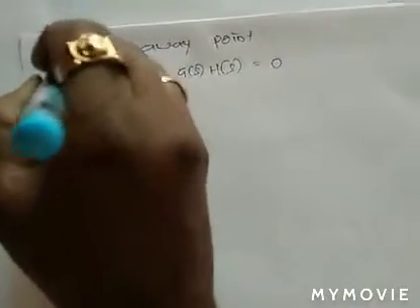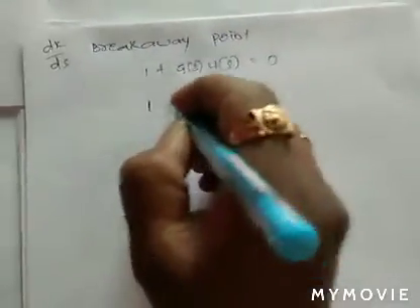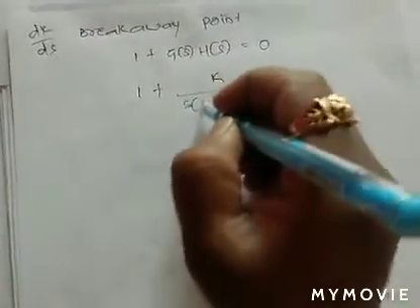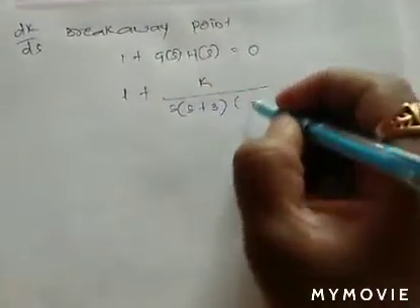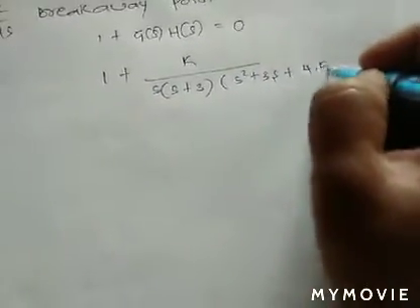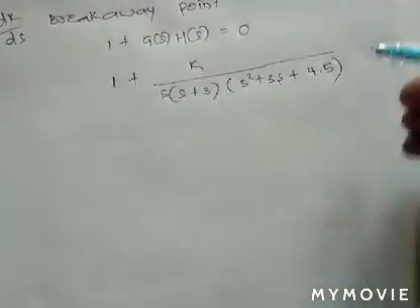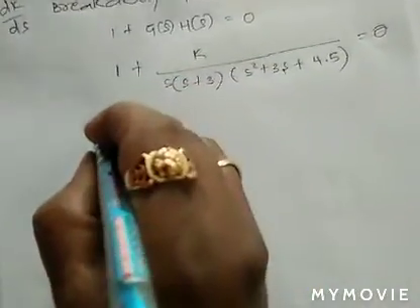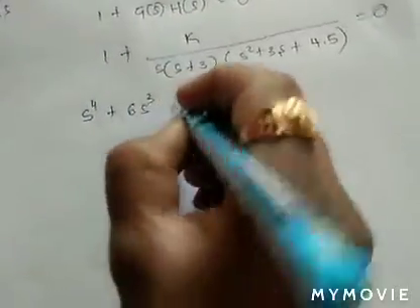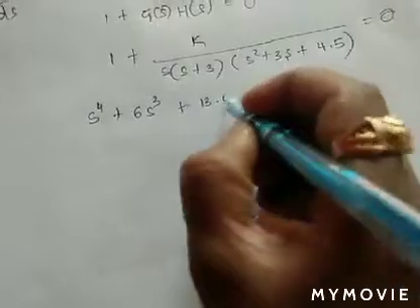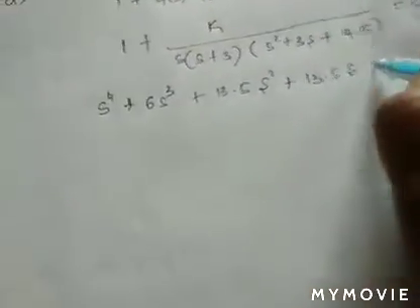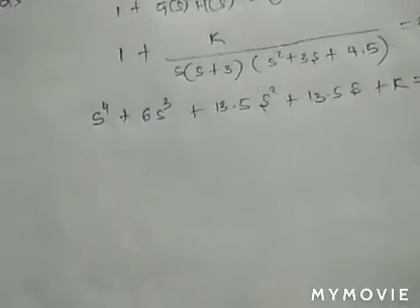I told you to remember dK by dS. 1 plus G(s)H(s) is already given, K over s(s plus 3)(s squared plus 3s plus 4.5). If you solve that, you will get s to the power 4 plus 6s cubed plus 13.5 s squared plus 13.5 s plus K equals 0.